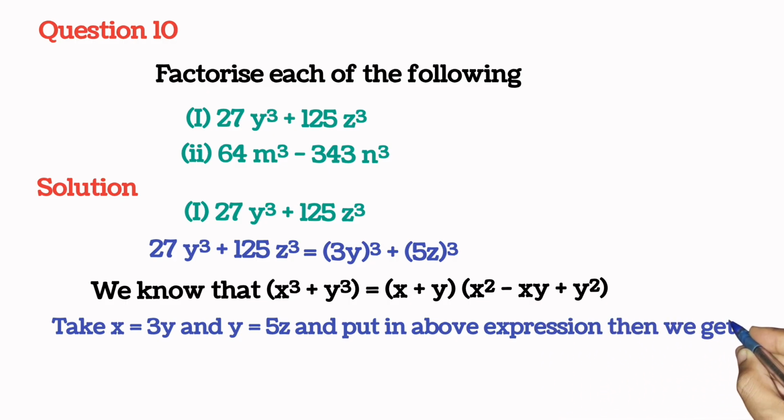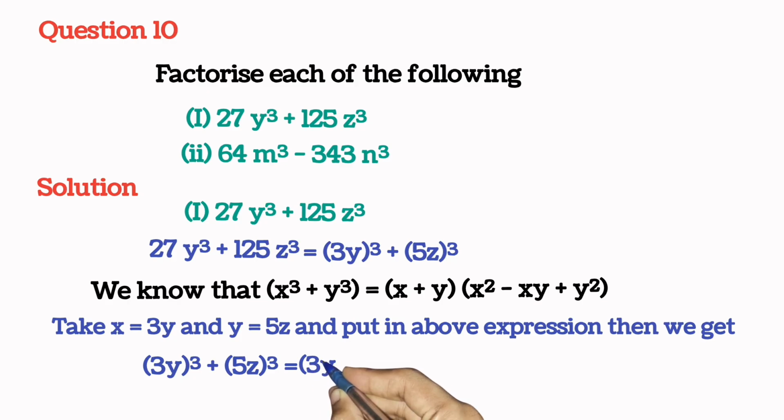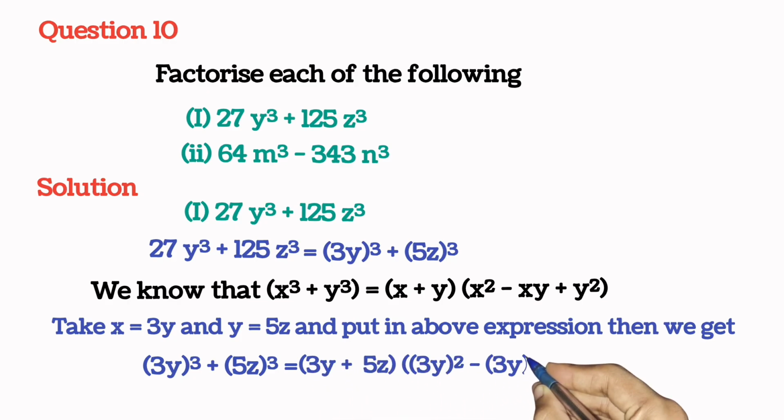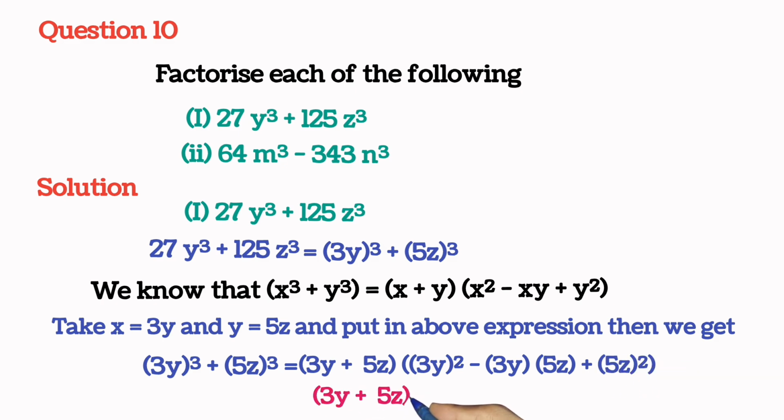Then we get 3y cube plus 5z cube equals 3y plus 5z into 3y the whole square minus 3y into 5z plus 5z the whole square. Then 3y plus 5z into 3y square equals 9y square, minus 3y into 5z equals minus 15yz, and plus 5z square equals plus 25z square.